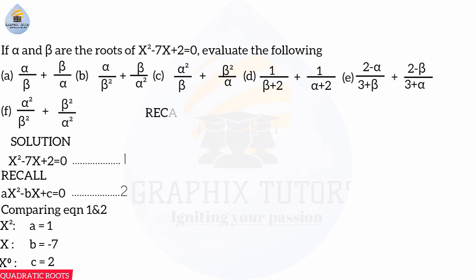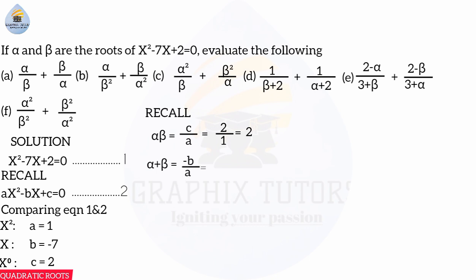Now recall, we know that alpha beta is equal to c over a, and what is c? C is giving us 2, and what is a? A is giving us 1, right? And we know 2 over 1 is equal to what? 2. Then alpha plus beta is giving us minus b over a.